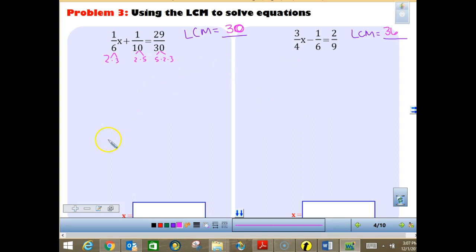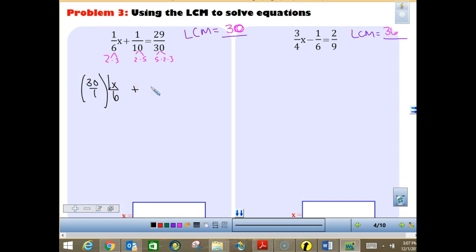All right, so if we are showing this, what I'm going to have you write is the original problem, but put the x's in the numerator, right? So this is going to be 1x over 6. What are we taking it times? 30 over 1. Put your plus right with me.